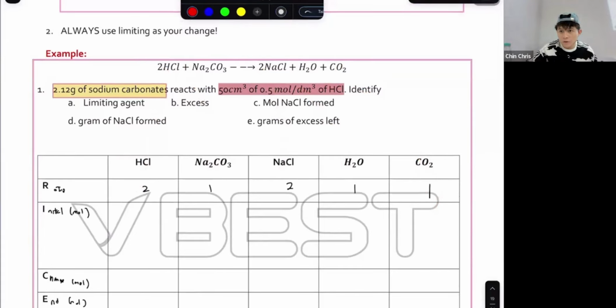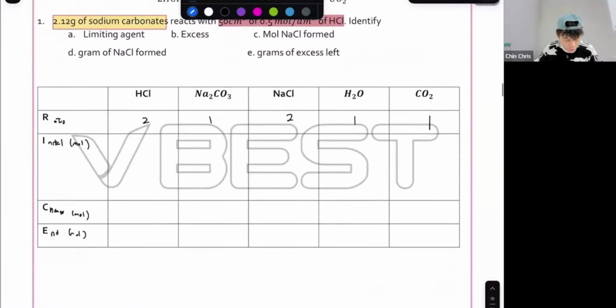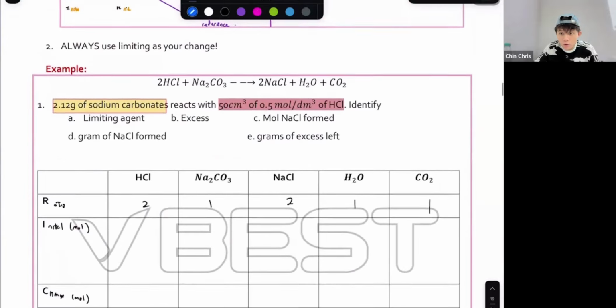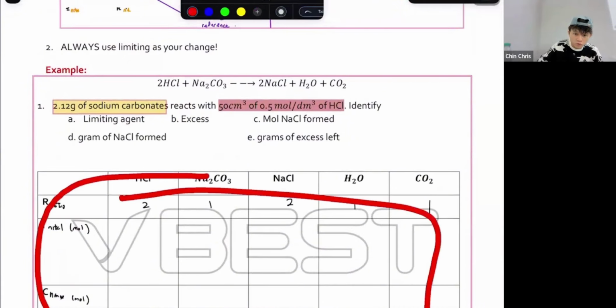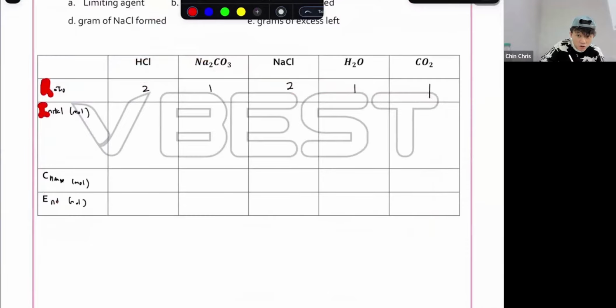The ratio, just follow the equation only. Initial mole. Guys, give me the initial mole, please. You can't understand the one I drew? Which one, this one? You just put in ratio, initial, change, and this is what we're going to find. We're going to fill out the table.